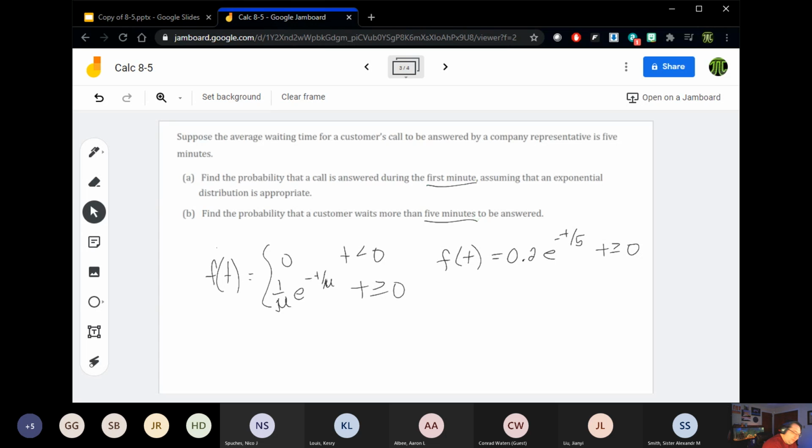So let's do the first one. Remember, my function is 0.2 e to the negative t over 5, and we're going to do the integral from 0 to 1, because we want to figure out the first minute.